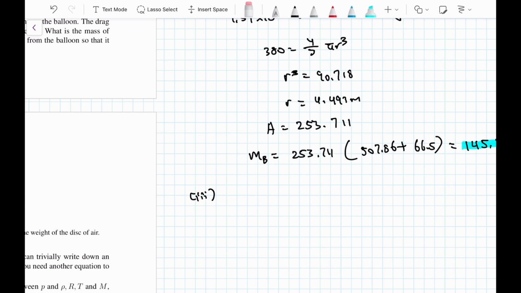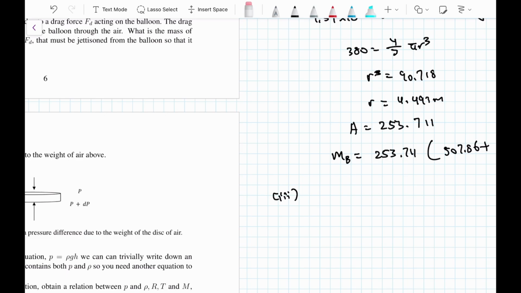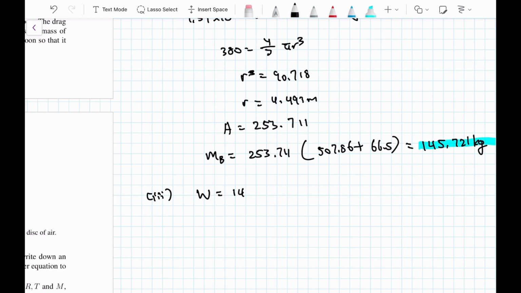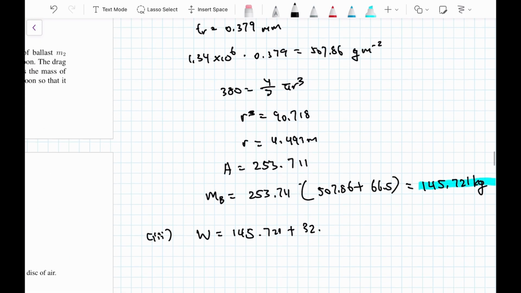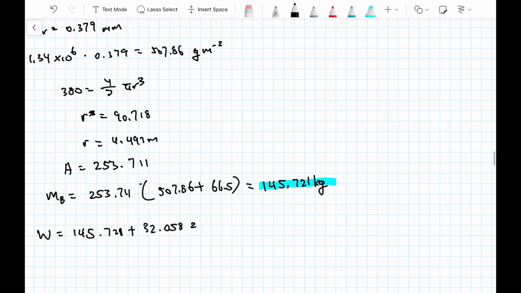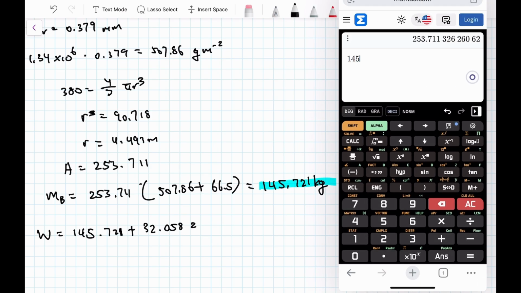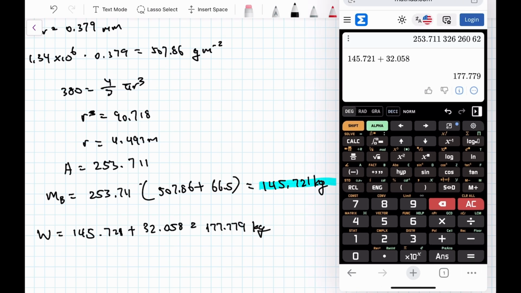So first of all, the mass of the entire system should be equal to 145.721 plus the mass of the hydrogen, which is 32.058. That is 177.779 kilograms.